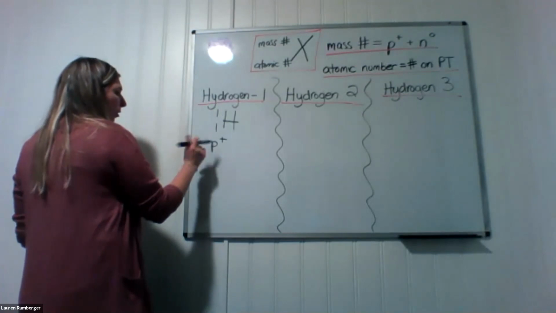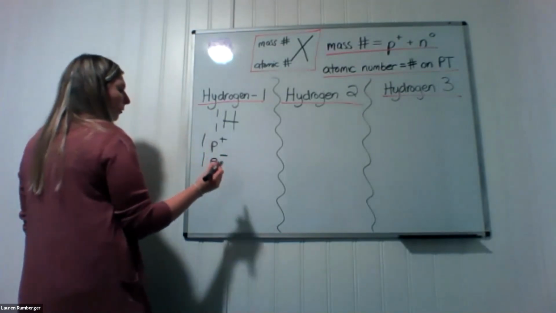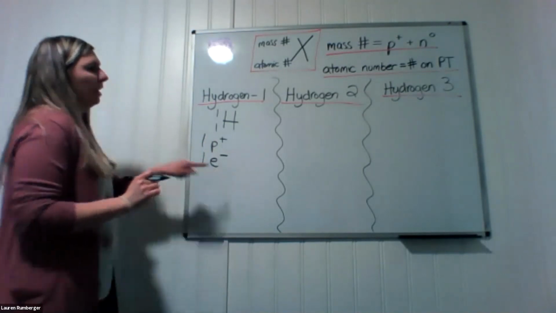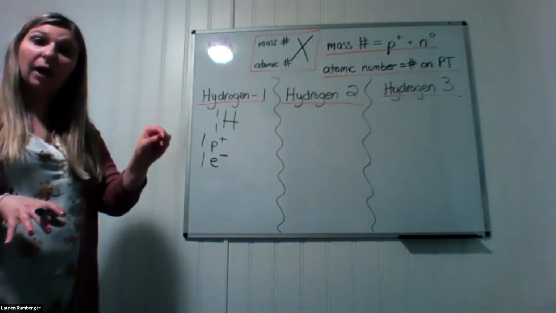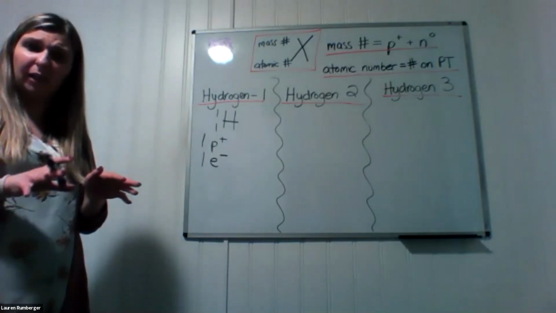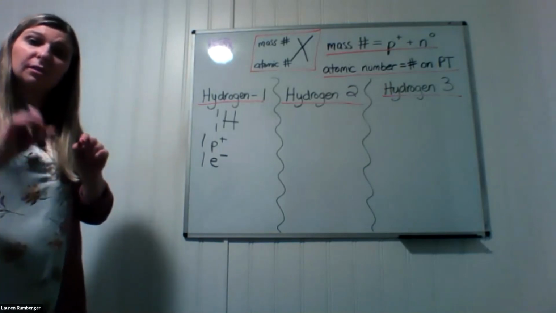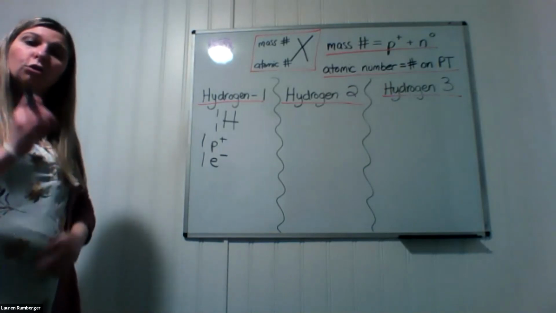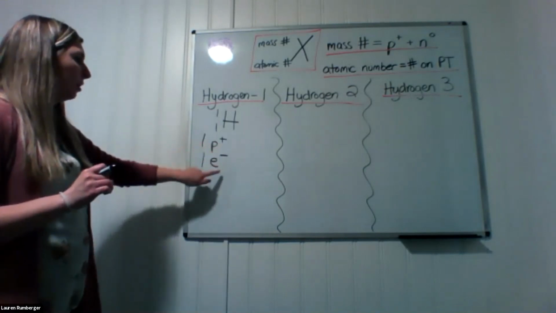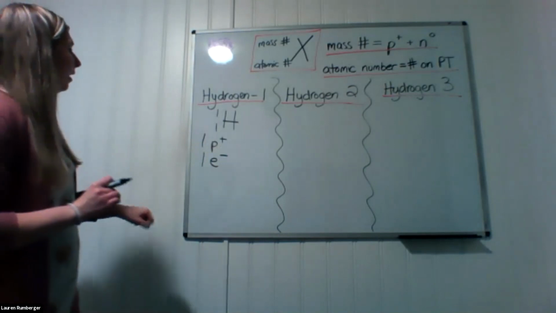So the number of protons tells us the number of electrons in the atom. You're going to be learning about ions, so it's going to change slightly. It won't always be that the number of protons equals the number of electrons, but in a neutral atom, protons are equal to the number of electrons.